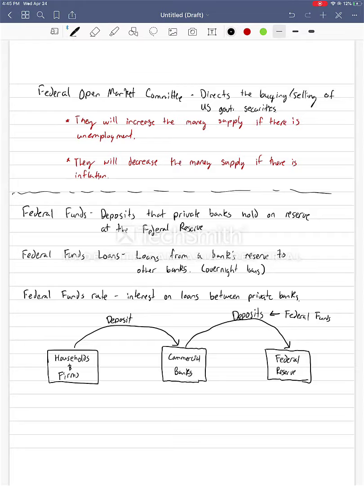Now, secondly, we know that households and firms take out loans from banks, and banks can take out loans from the Fed. So we said that households and firms receive loans from banks. In the same way that households and firms can receive loans from commercial banks, banks can also receive loans from the Fed. Now, these loans are what we call discount loans.